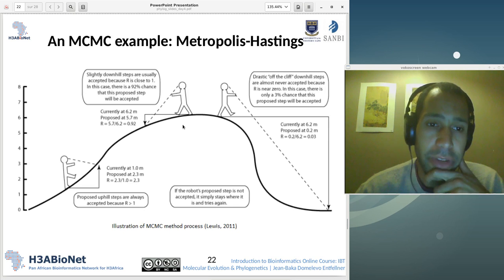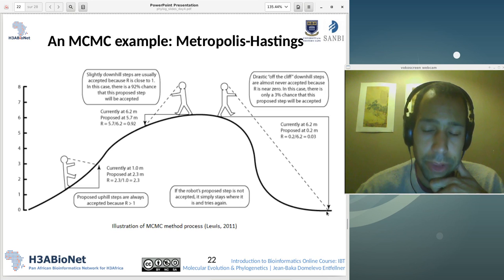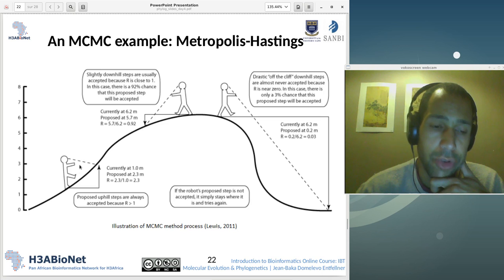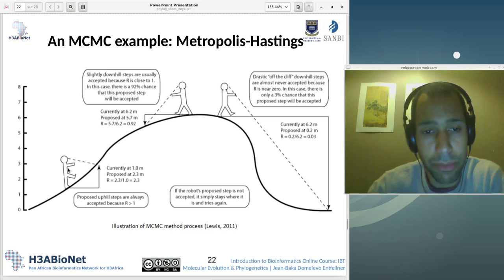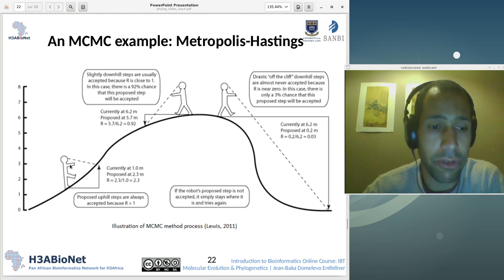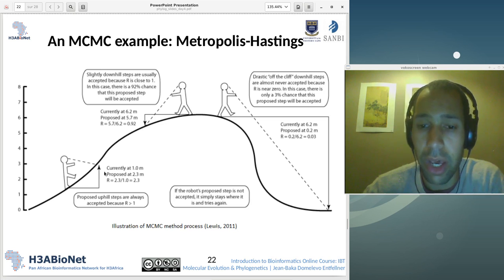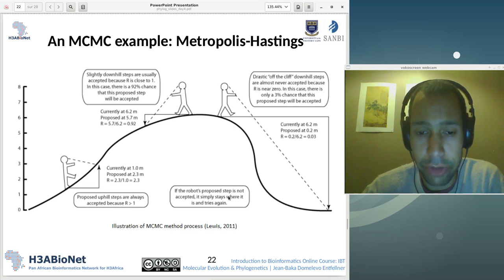So an MCMC example is the Metropolis Hastings method. So imagine you're here, you throw many small agents, individual agents, and these individual agents have a rule that they follow in order to know where they're going to go next, where they jump.